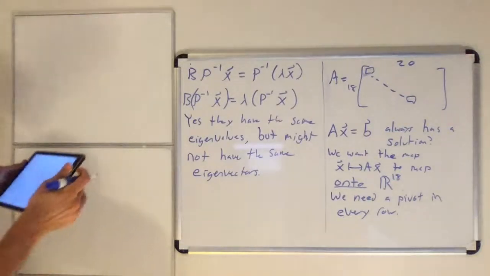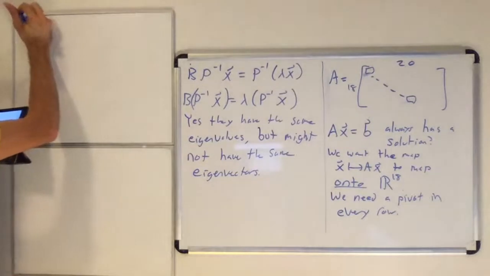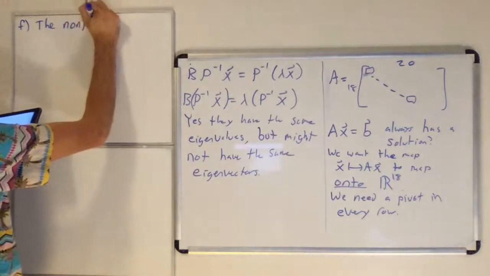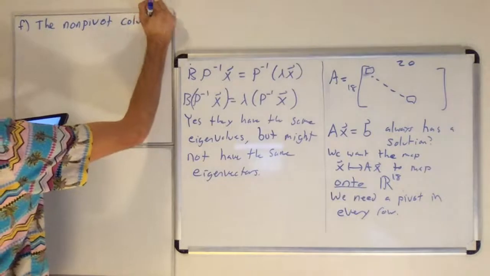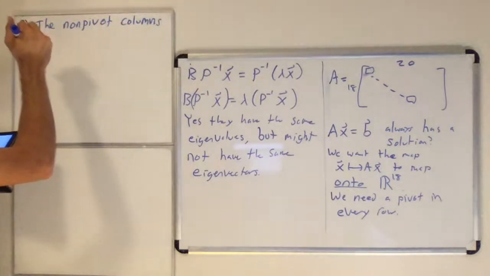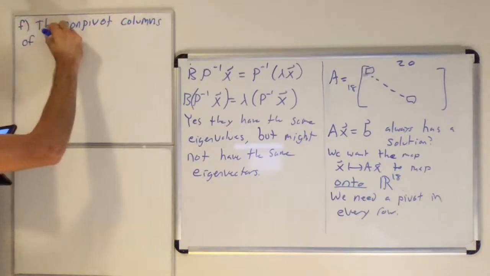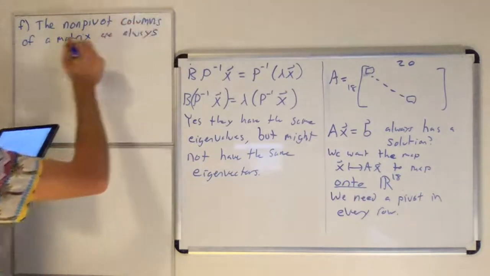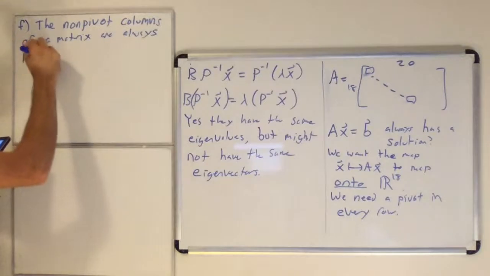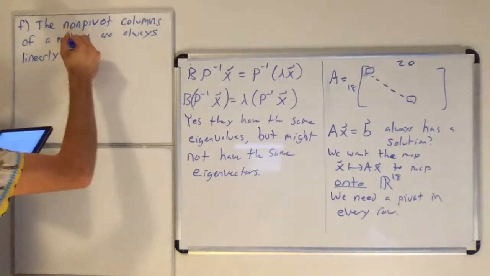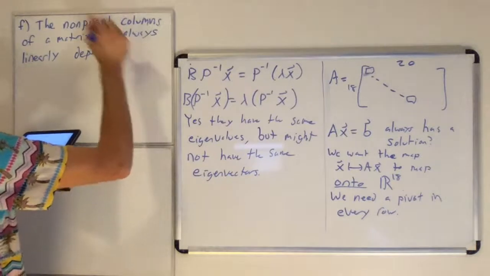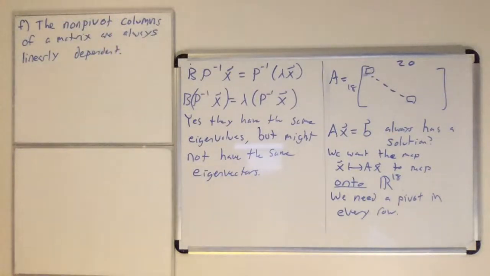But 1F says the non-pivot columns of a matrix are always linearly dependent. Yeah, 1A is easy.